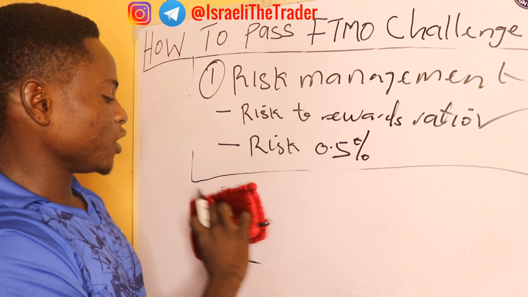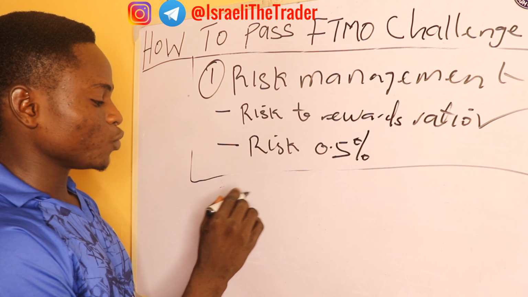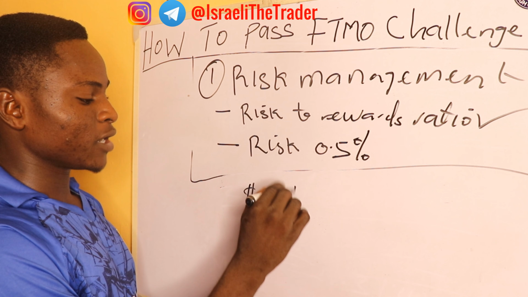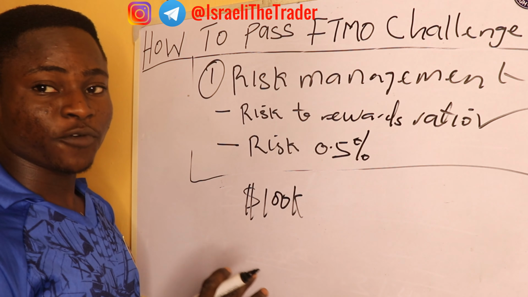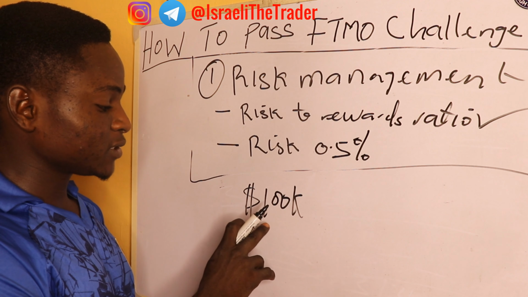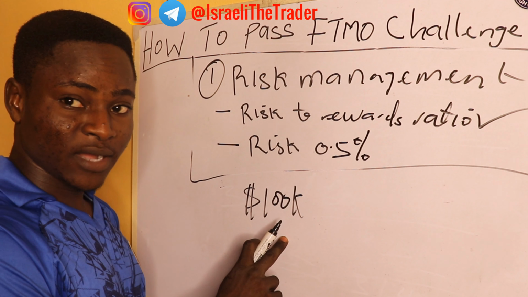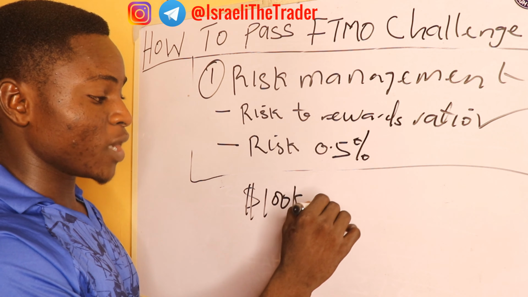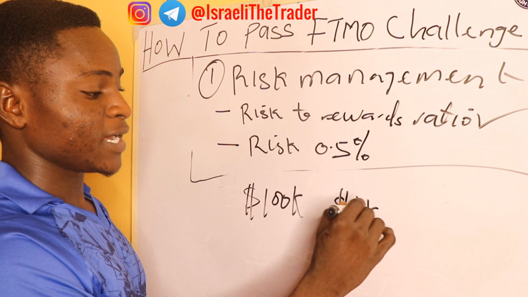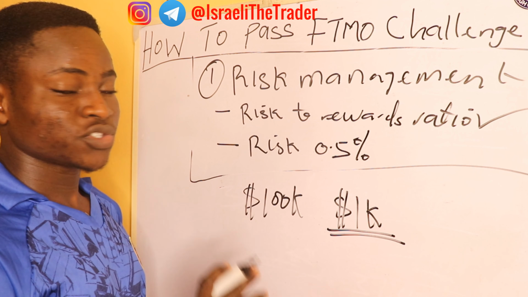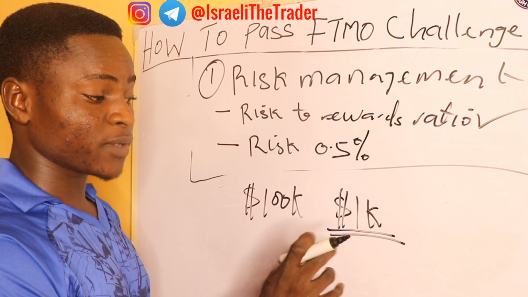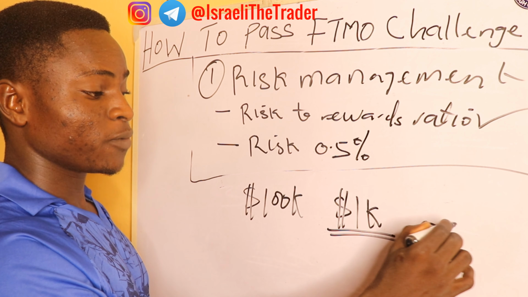But let's just assume that we are going for a 100K account. So if we are going for a 100K account, you know that 1% of this account is about 1K. That's the 1%. It is 1K. So 0.5% of this particular account, it is what we call 0.5.